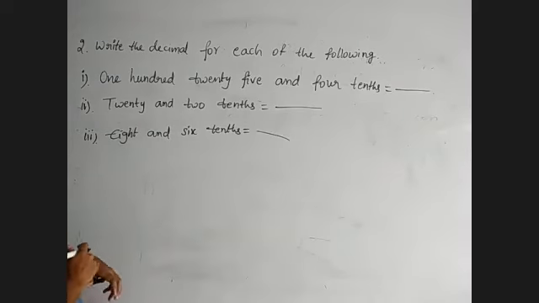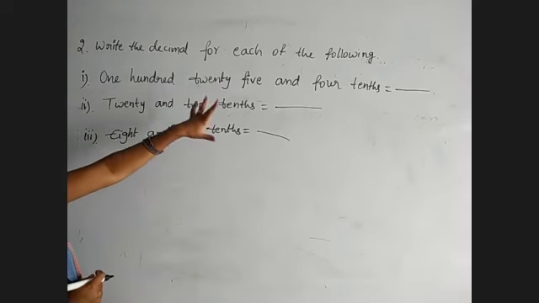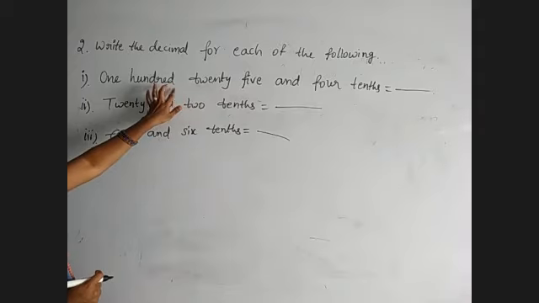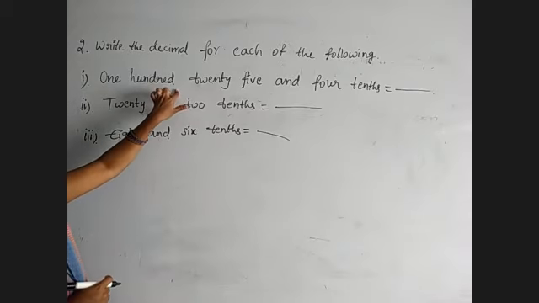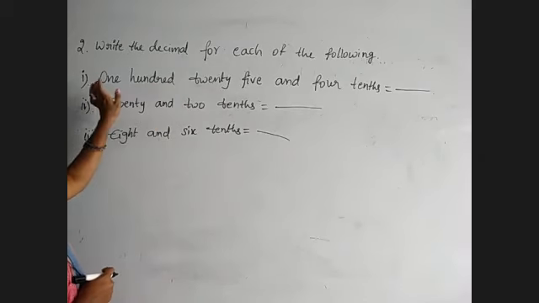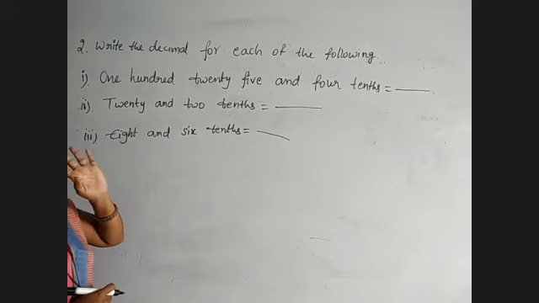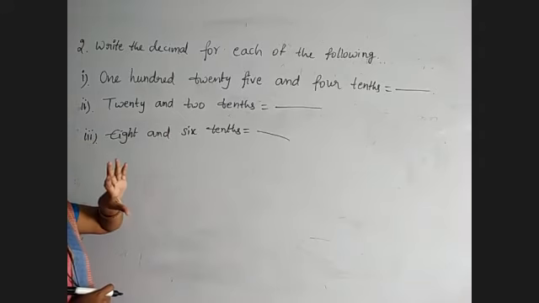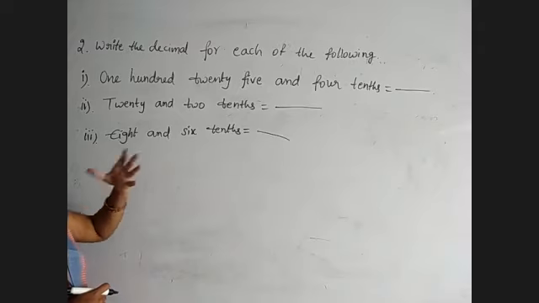Okay, observe the second problem. Write the decimal for each of the following, which are given in words. We need to write the decimal number. Just observe: before the point is completely the whole number part, like normal numbers, whatever is given in words before the point.